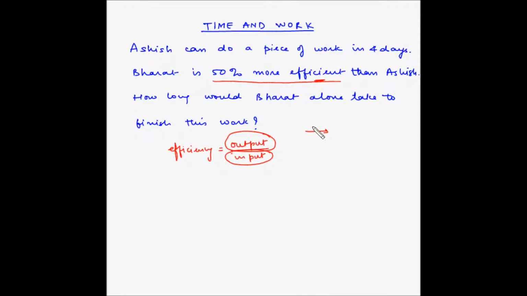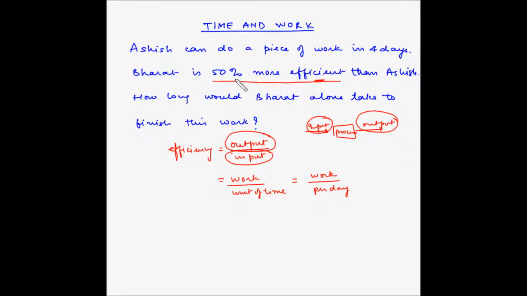So basically input, then you have a process, and then you have output. So efficiency is how much are you able to produce per unit of input. So in this term, efficiency is how much work are you able to do per unit of time. So it can be how much work are you able to produce per day.